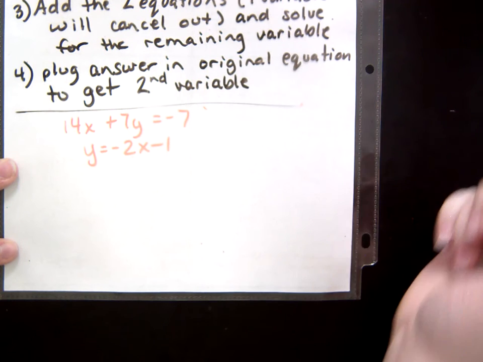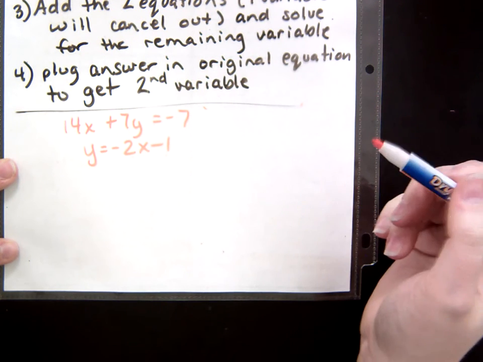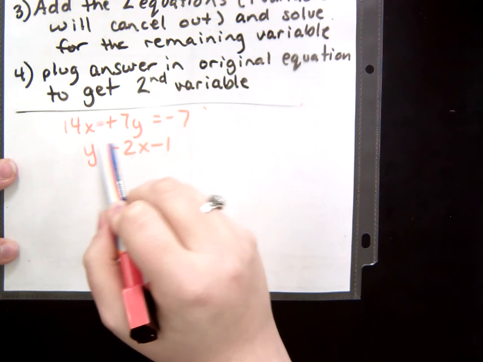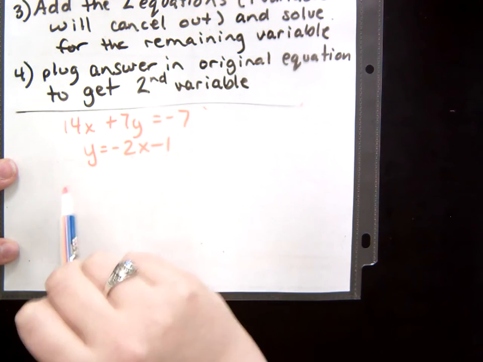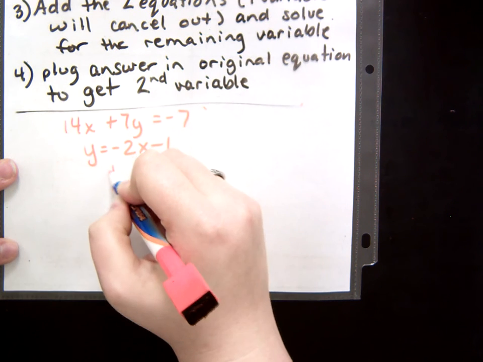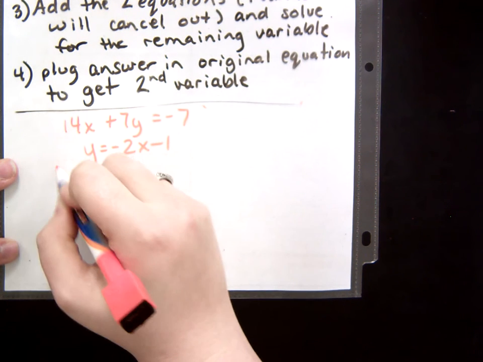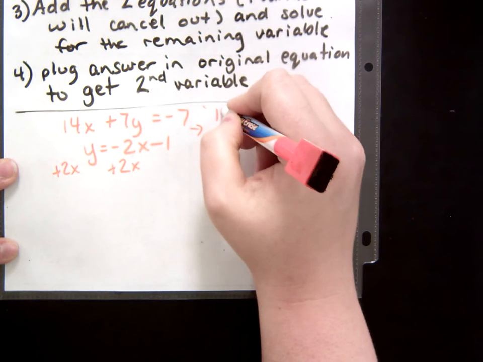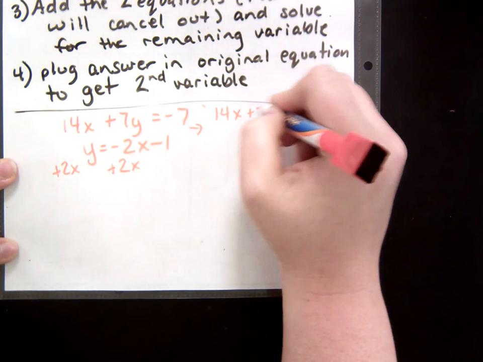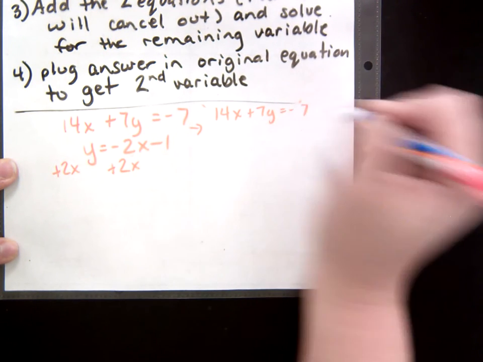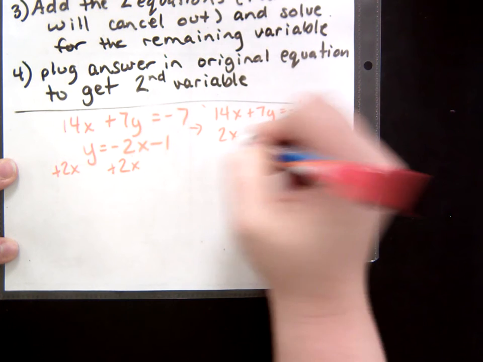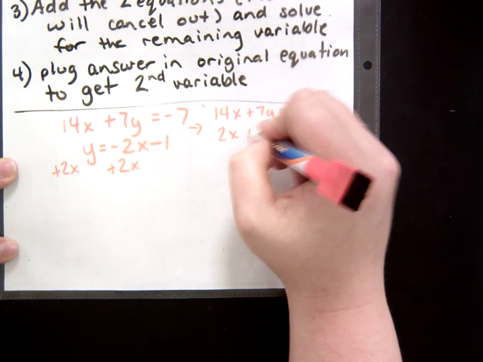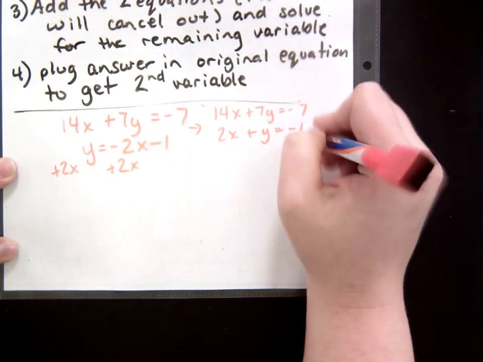Right now, my x's and y's don't line up. In this one I have x and y on the same side, but on this one they're not. So what I'm going to do is add 2x to both sides. So I can rewrite this as 14x plus 7y equals negative 7, and 2x plus y equals negative 1.